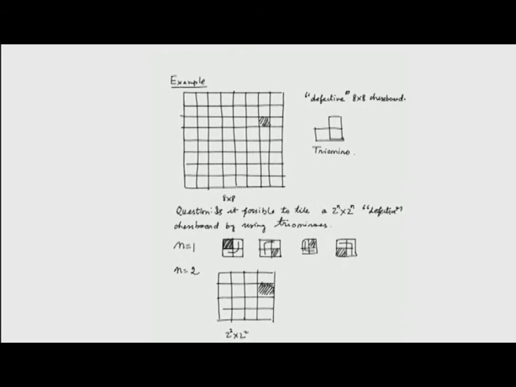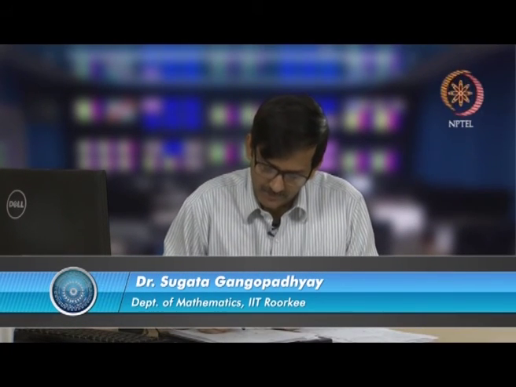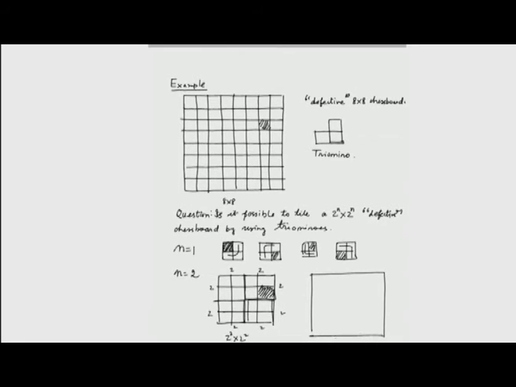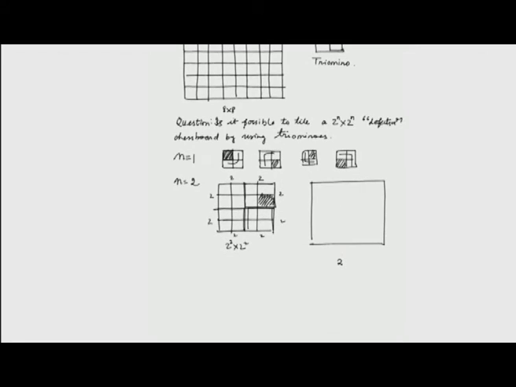Now, we see over here that a 4 by 4 chessboard is made up of four 2 by 2 chessboards, one here, one here, one here, and one here. So, four 2 by 2 chessboards give me one 4 by 4 chessboard, and if we want to go in general, we will see that a 2 to the power k plus 1 by 2 to the power k plus 1 chessboard is made up of 4 chessboards, each of which is 2 to the power k by 2 to the power k.